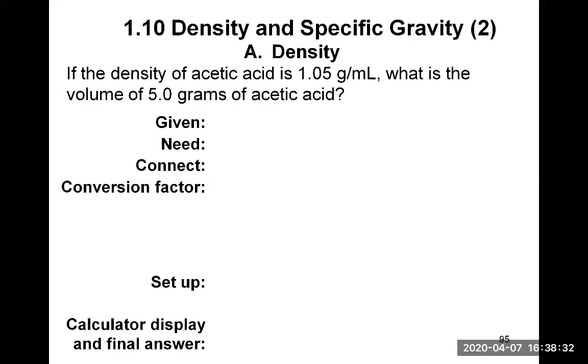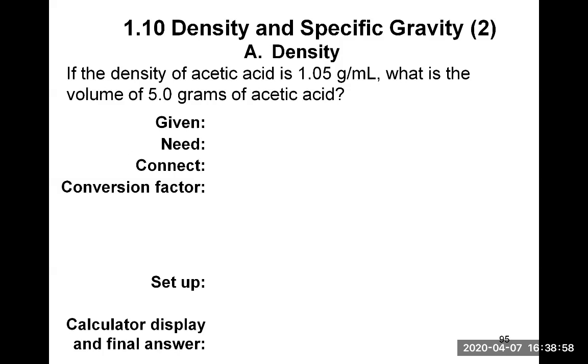So knowing that, what is the volume of 5 grams of acetic acid? The given amount here is not the density. Density is a complex unit made of 2 units, grams and milliliters. So it's not a simple measurement and it will never be used as a given amount.